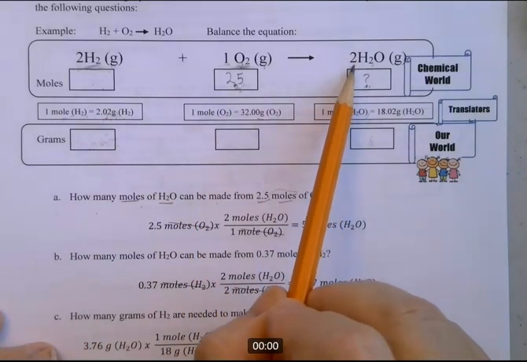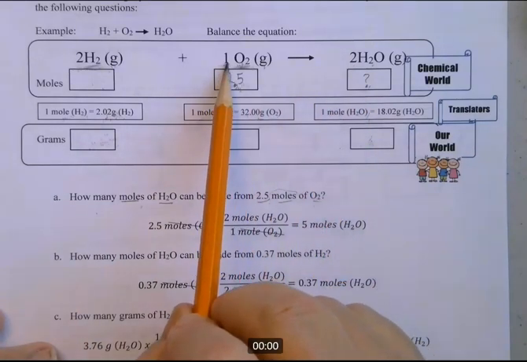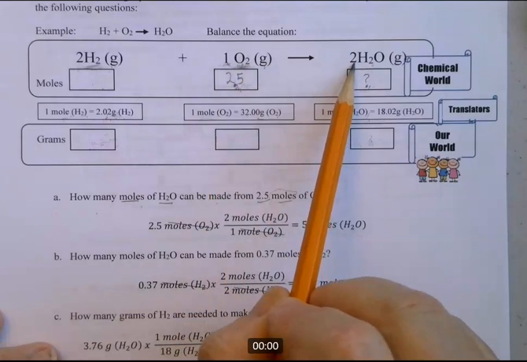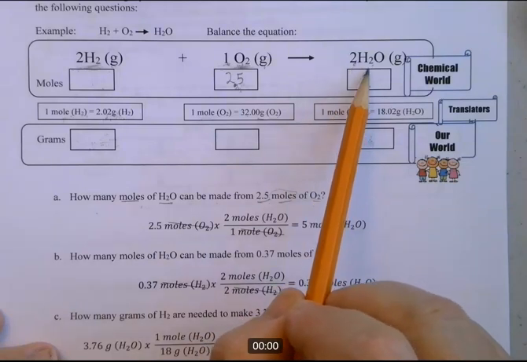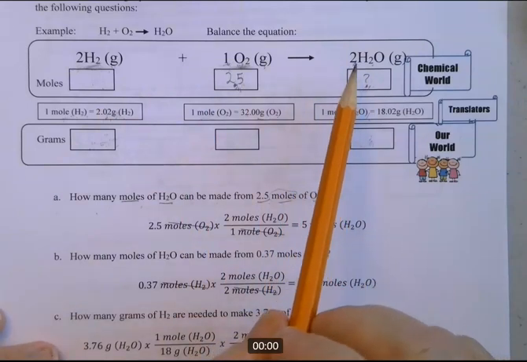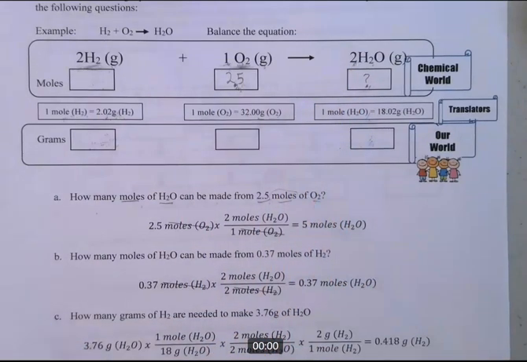It's this relationship. For every 6.022 times 10 to the 23rd molecules of O2 you put in, you're going to get twice that many, 2 times 6.022 times 10 to the 23rd molecules of water. So for every 1 mole of oxygen you put in, you're going to get 2 moles of water. All right.